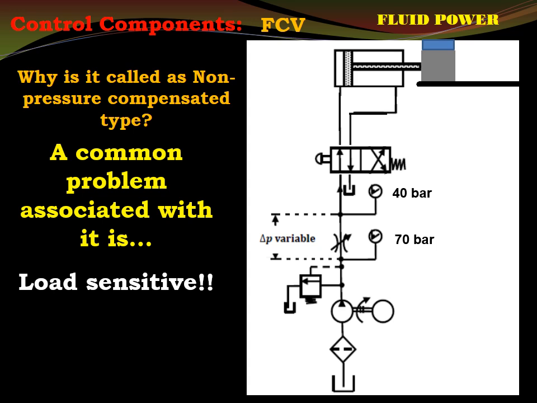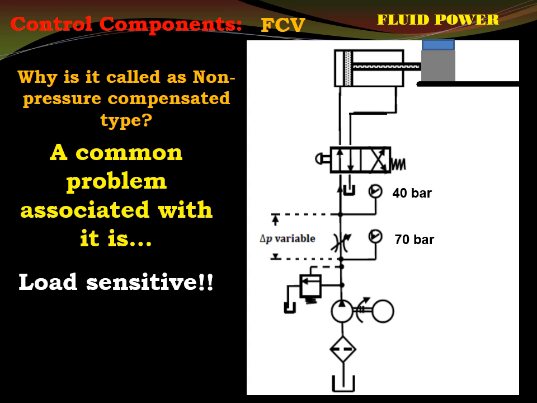And that can be done in pressure compensated type. In pressure compensated type, since we are not changing A0, the pressure difference across the FCV will remain constant such that flow through it remains constant, and in turn speed of actuation remains constant, even with the change of the load.